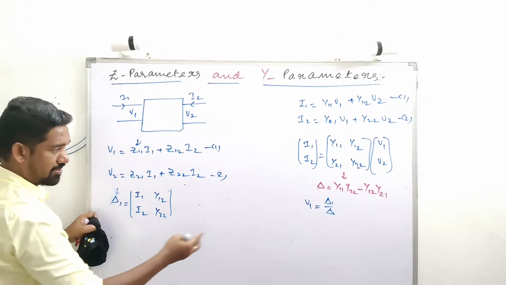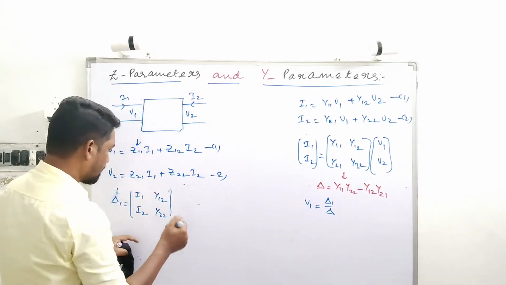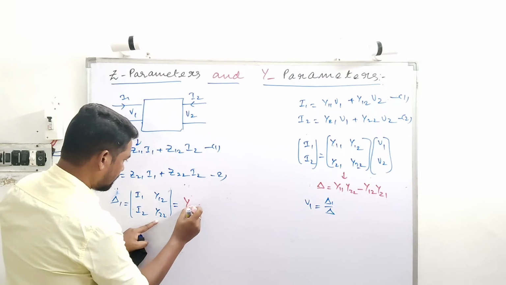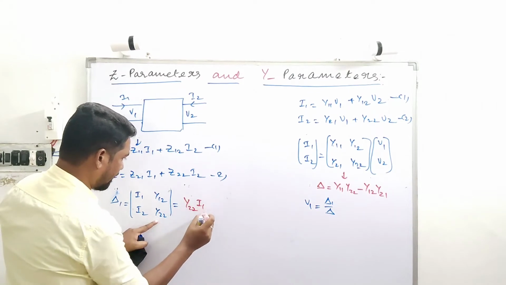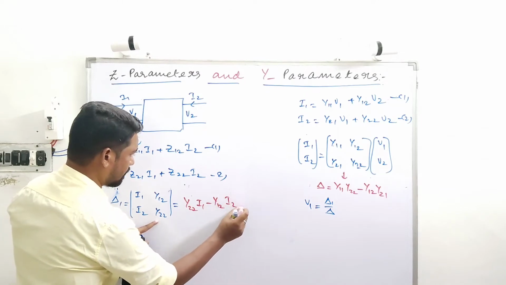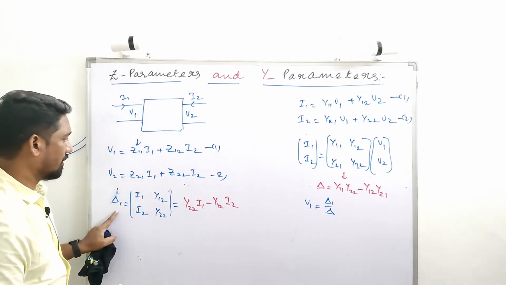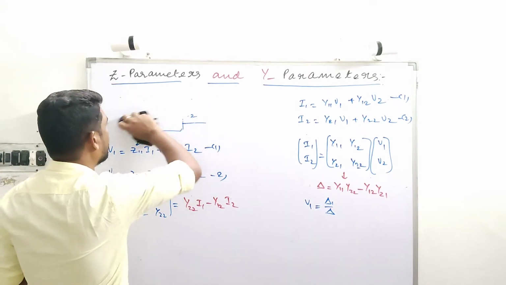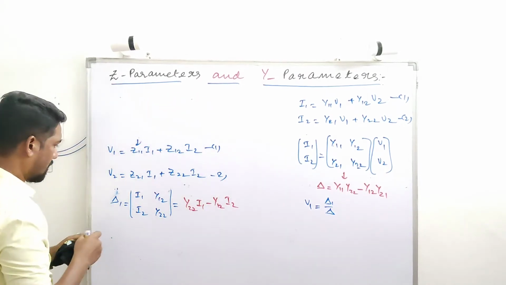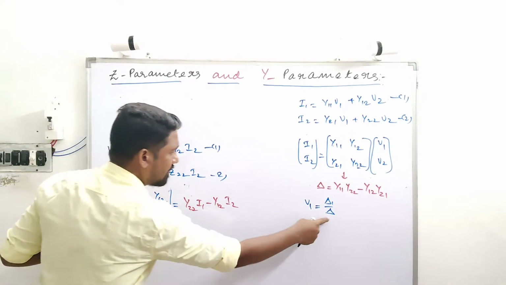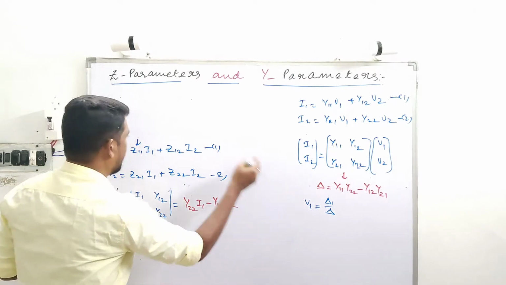This should be the determinant, as we evaluated for del. This gives Y22 times I1 minus Y12 times I2. This will be the expression for del 1. I'll be in need of this. So how to evaluate V1? This del 1 by del gives us the expression for V1.